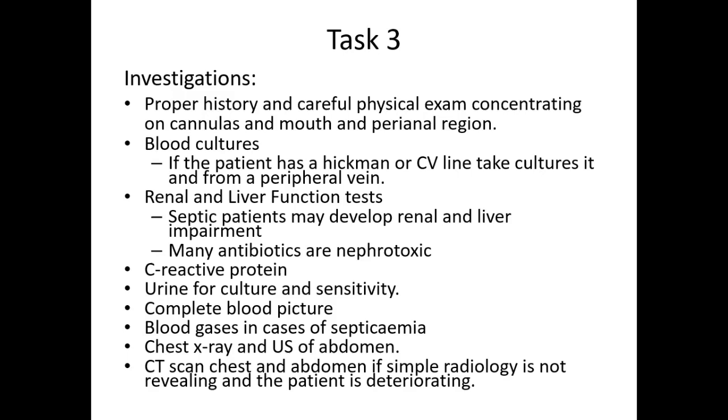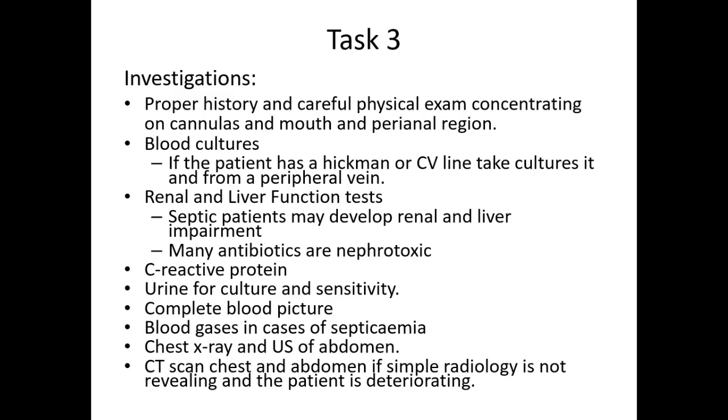And the first thing that comes to our minds is the bacterial infection. So we need proper history and careful physical exam. We concentrate on sites of cannulas, on the mouth and perianal region and the lungs, looking for evidence of infection.